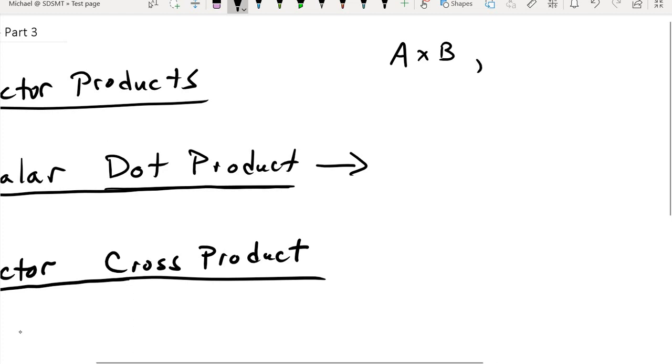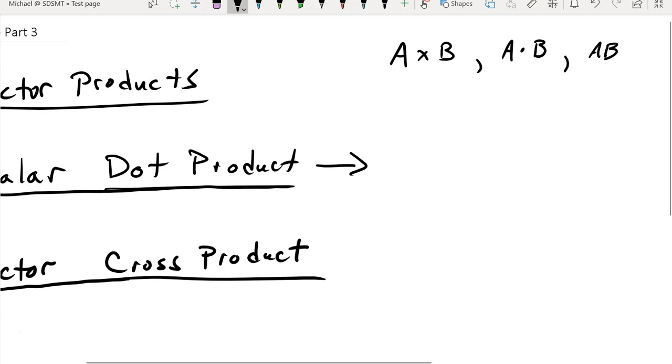By the time we got to high school, that might have changed to a dot, and then eventually we just abandoned both of those and said, if we just put the two letters together, that's understood to be a product.